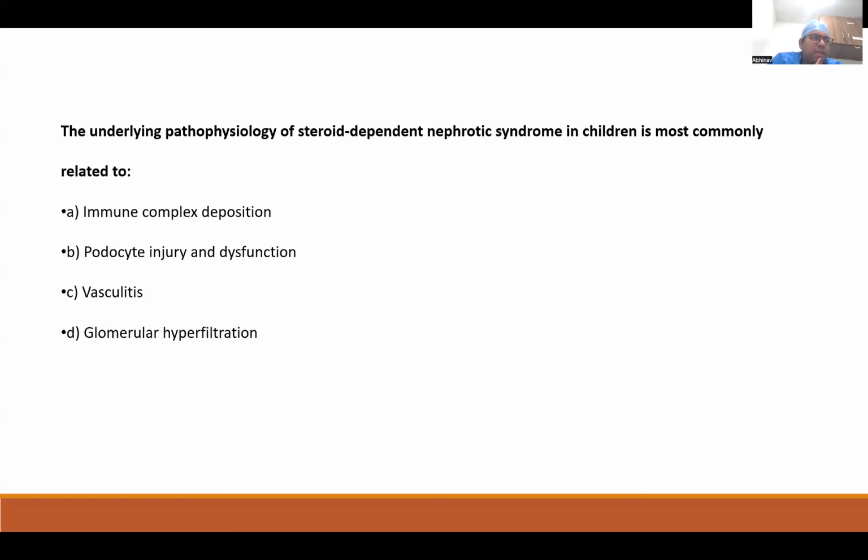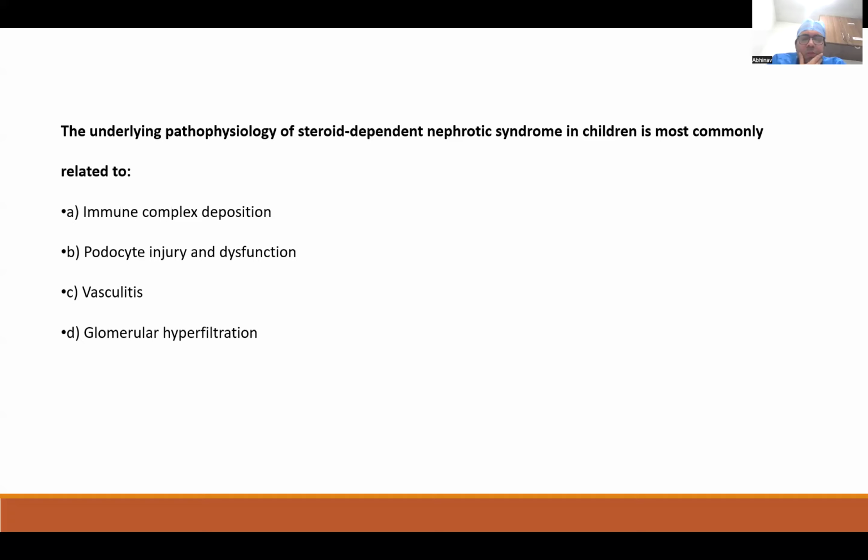This MCQ was asked in one of the AIIMS entrances, in the recent AIIMS. The underlying pathophysiology of steroid-dependent nephrotic syndrome is most commonly related to immune complex deposition, podocyte injury and dysfunction, vasculitis, or glomerular hyperfiltration.